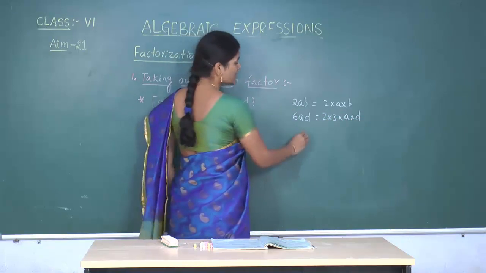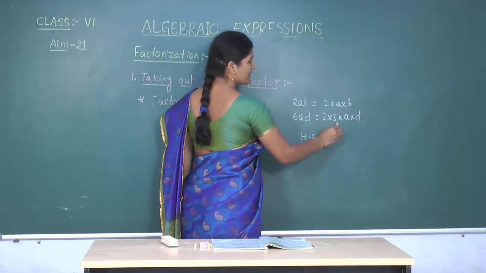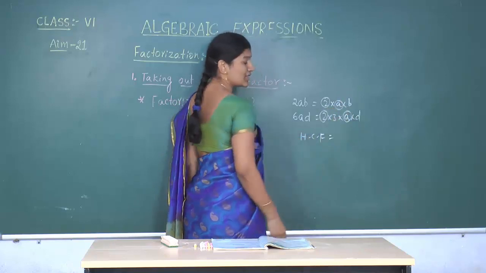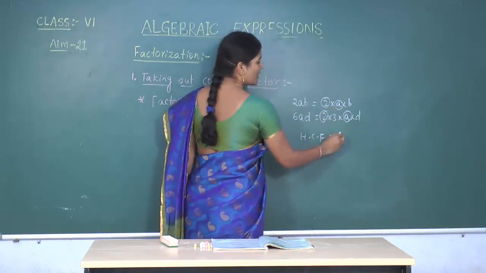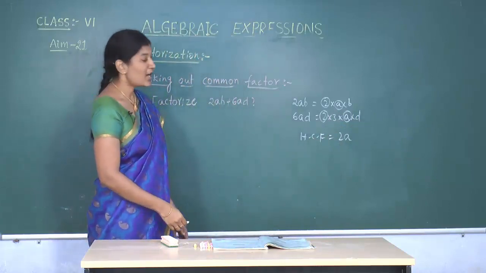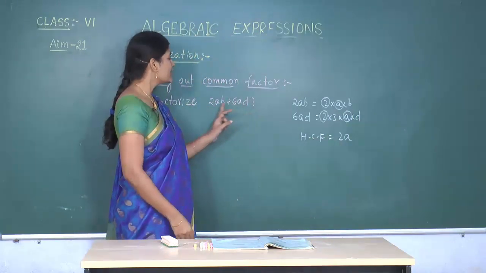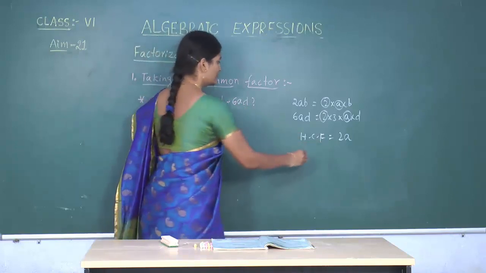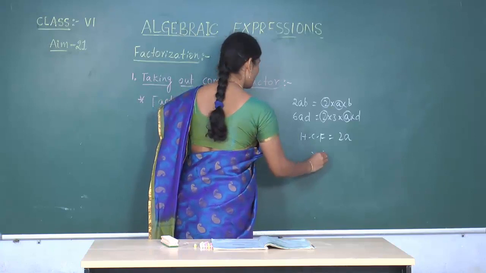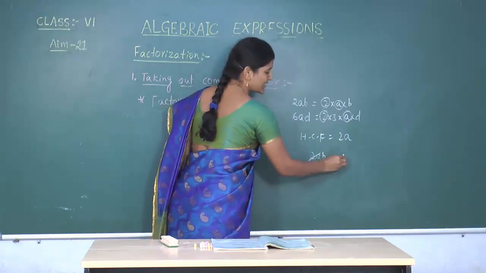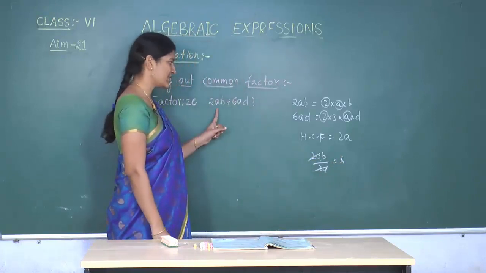Now what is the HCF of these two terms? Here 2 is the common factor and a is also a common factor. The overall HCF is 2a. Now divide each term in our given expression by this HCF. 2ab by 2a: 2a gets cancelled, and b is the coefficient of the first term.